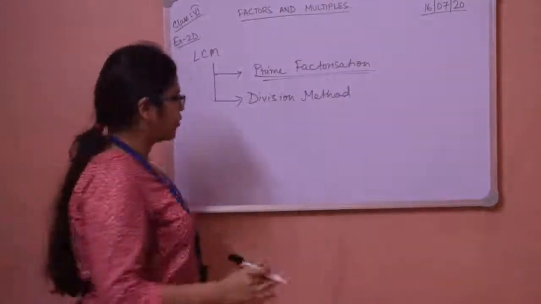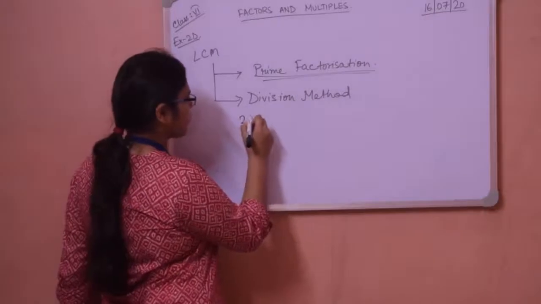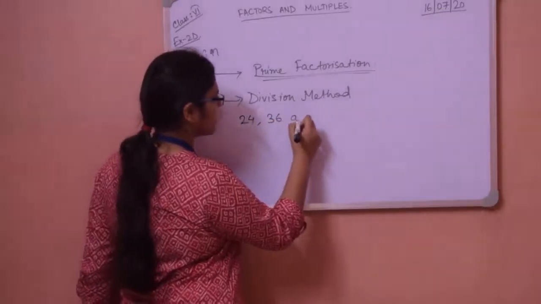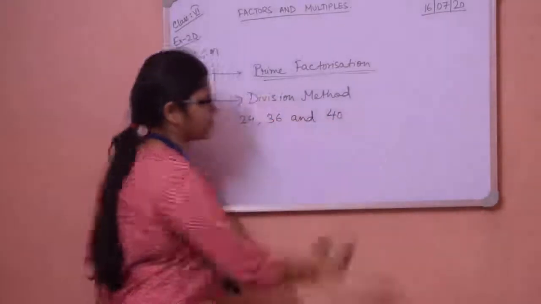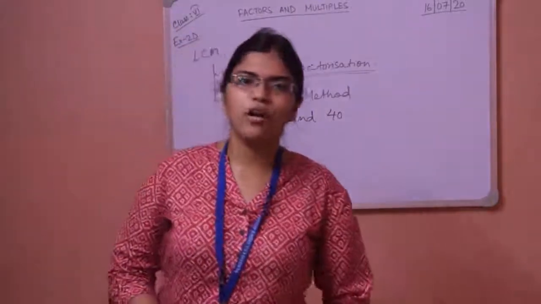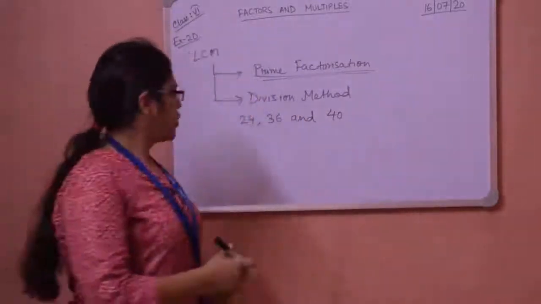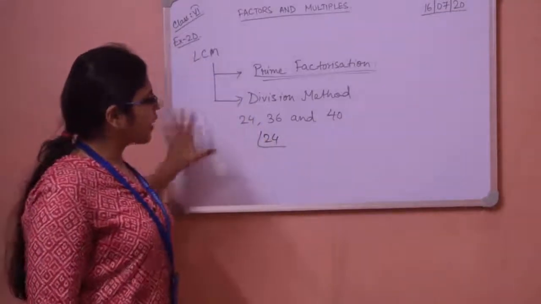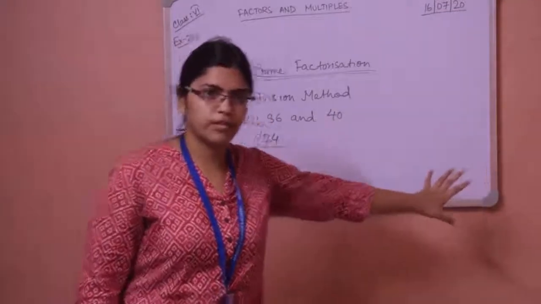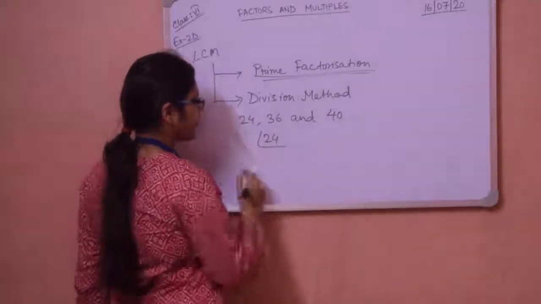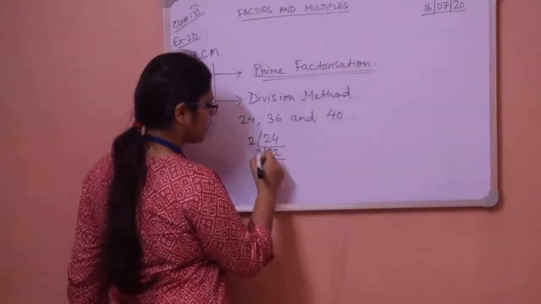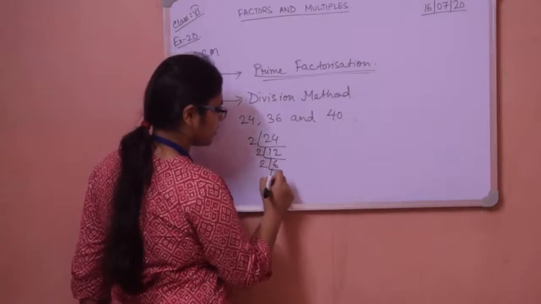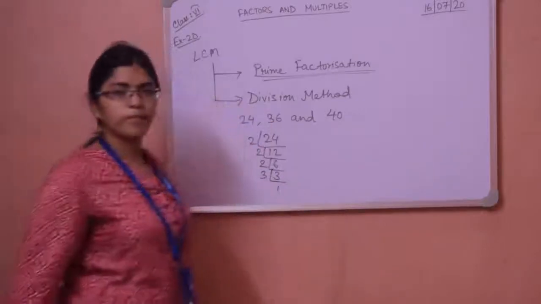So I am taking three numbers, suppose 24, 36 and 40. These three numbers we will solve using prime factorization. First we have to find out the individual factors of these numbers. The individual factors of 24 give us 12, then 6, then 3, then 1.